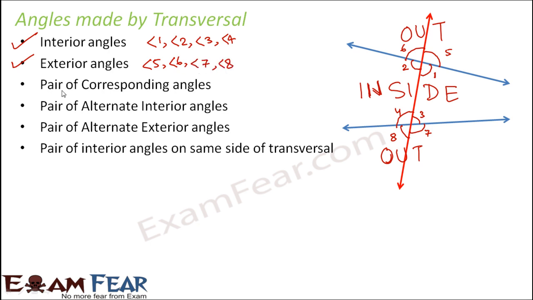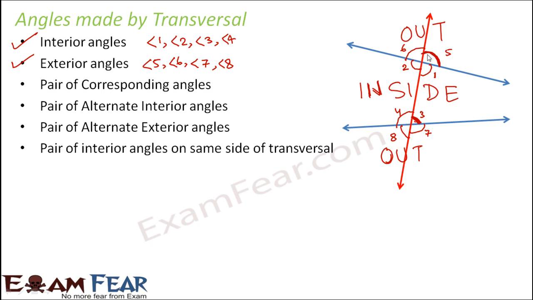We also have a pair of corresponding angles. Now, what are corresponding angles? These are those angles which are located at corresponding positions related to the 2 lines. Let's say you compare angle 3. Angle 3 is located on the right hand side of the transversal. Now, at a corresponding position for this line, do you have an angle? Of course, you have angle 5.